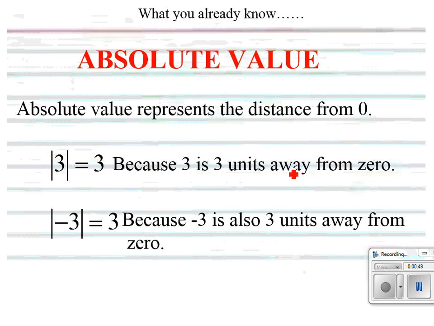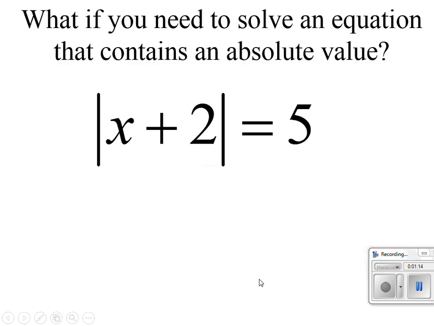The absolute value of negative 3 is 3 because negative 3 is 3 units away from 0. It's just on the other side of 0 on a number line, but the distance is still 3. So we know the absolute value is always positive.